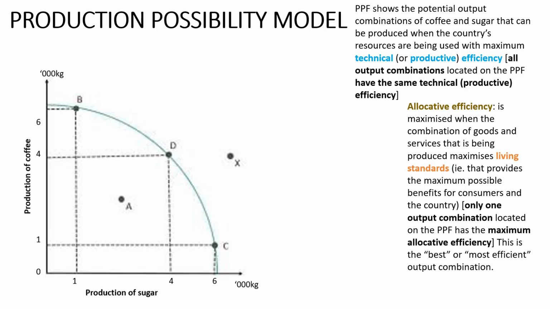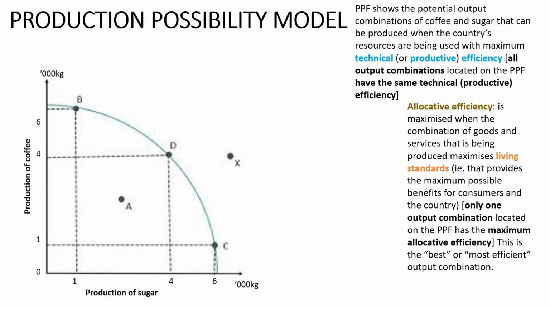Allocative efficiency is maximized when the combination of goods and services that is being produced maximizes living standards in the sense of providing the maximum possible benefits for consumers and the country. The output combination which maximizes allocative efficiency is often referred to as the best or most efficient output combination.